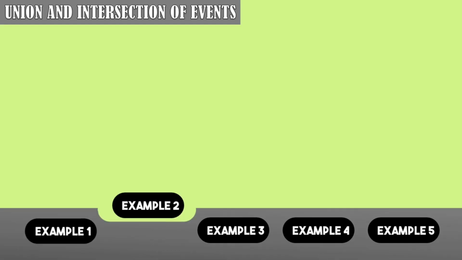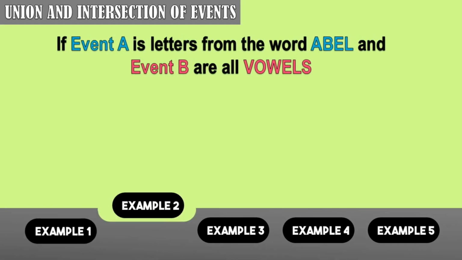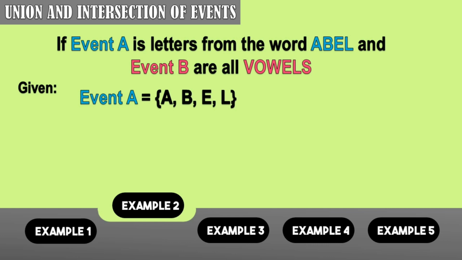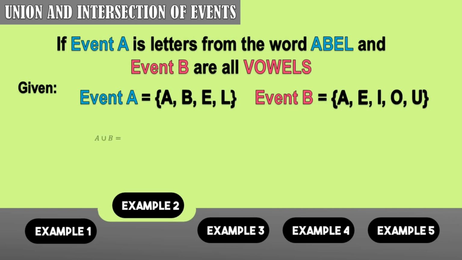For our second example, if event A are letters from the word Abel and event B are all the vowels, then given event A, we have A, B, E, L, while event B, we have A, E, I, O, U. What could be A union B?